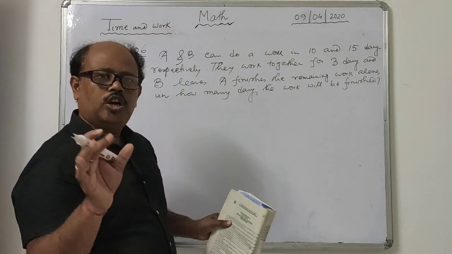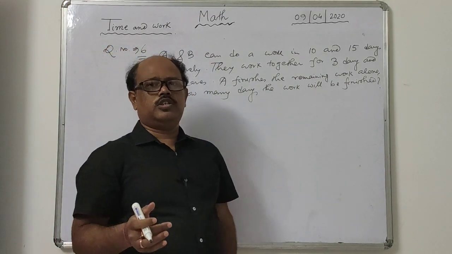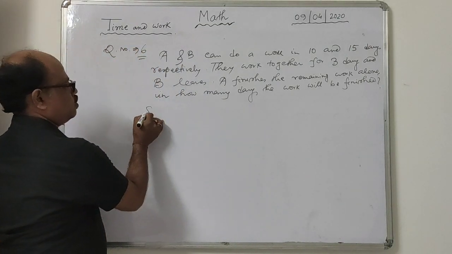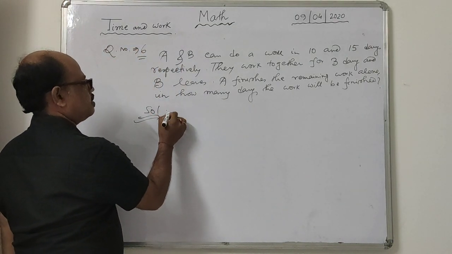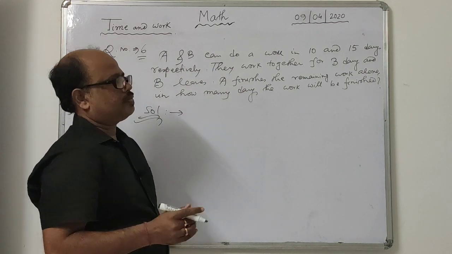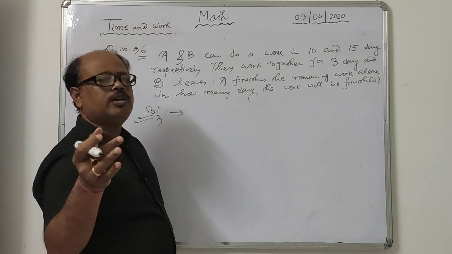Very simple. You have to use the algebraic method for this type of question, and the solution is very, very simple. Look, what is the total time to complete the work?